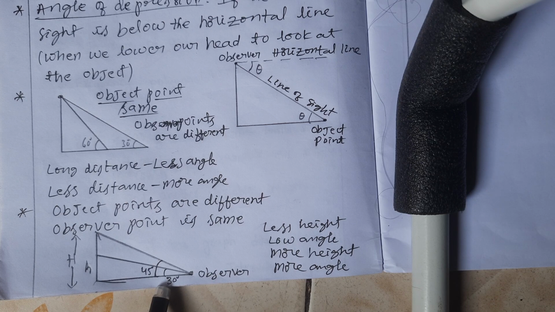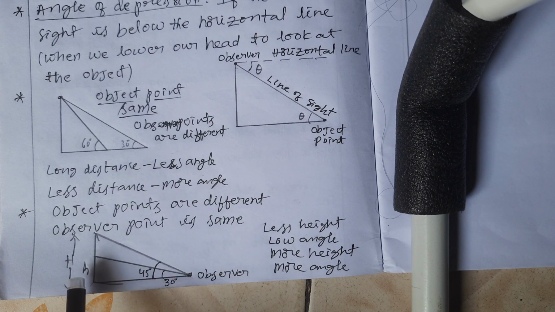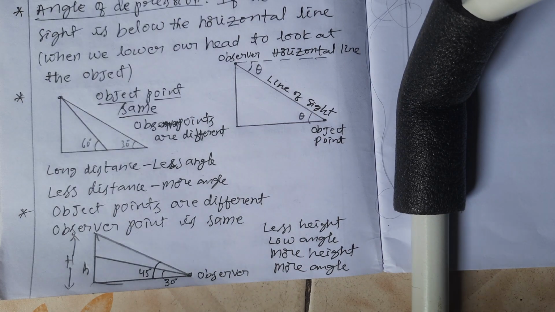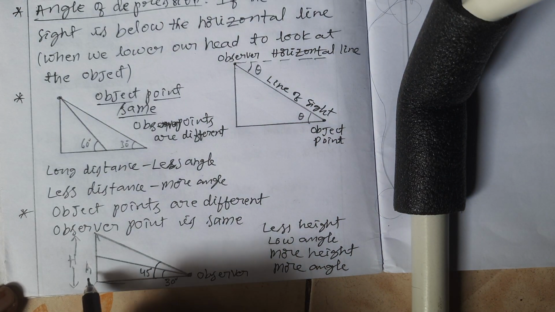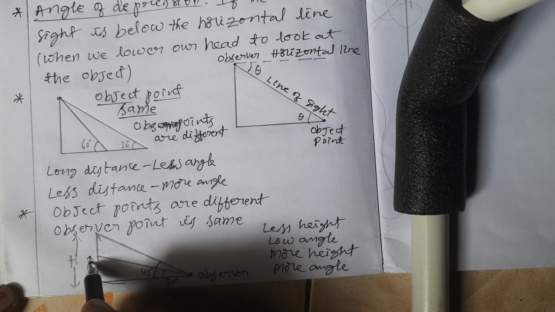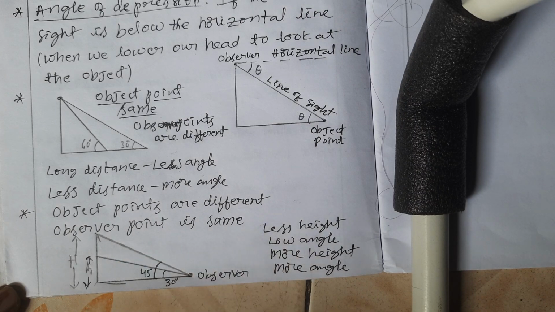He has to bend back his head to watch the topmost point, so the height is more. I showed in the figure capital H for more height, small h for less height. So this is the variation.